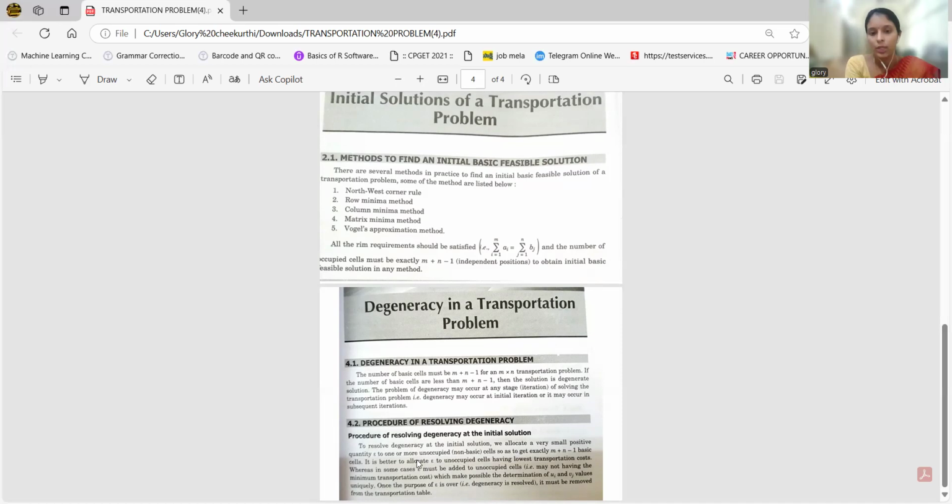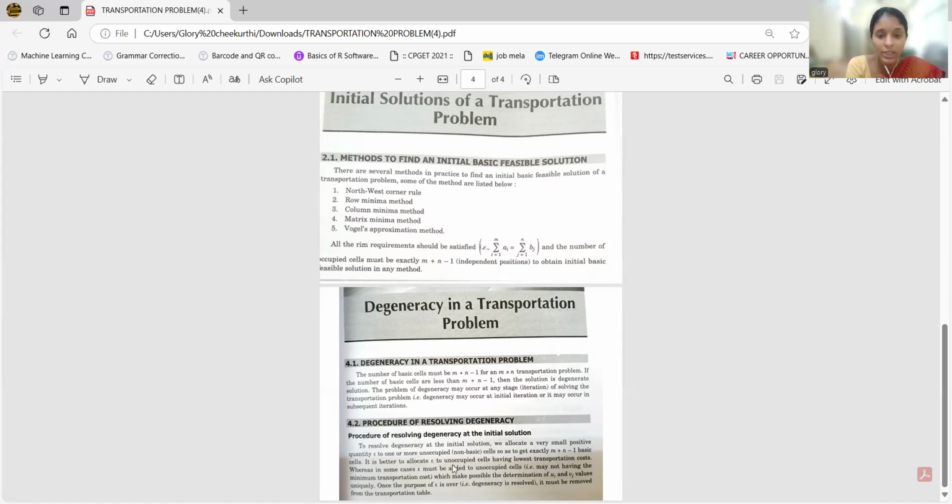It is better to allocate epsilon to unoccupied cells, also known as non-basic cells, having the lowest transportation cost. In some cases, however, epsilon must be added to unoccupied cells that may not have the minimum transportation cost.